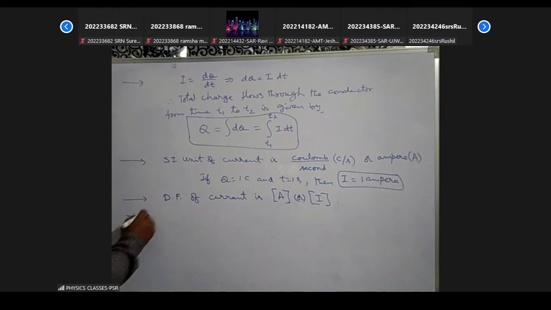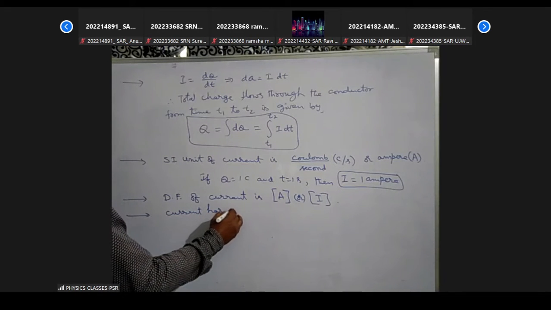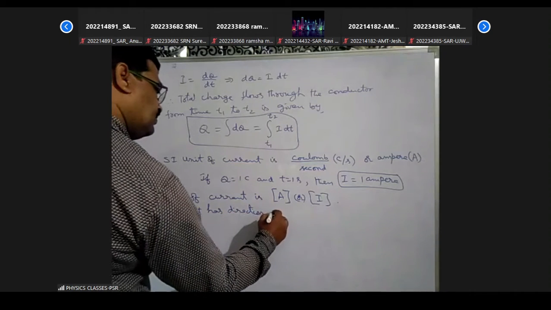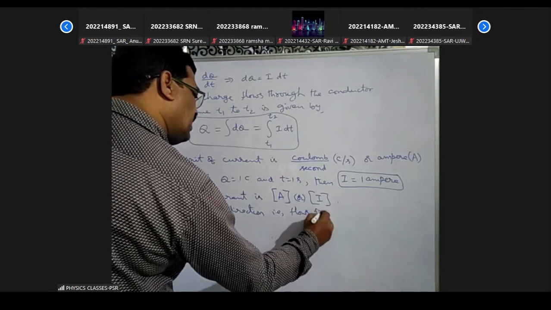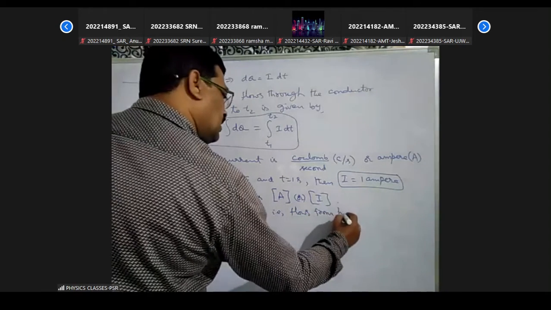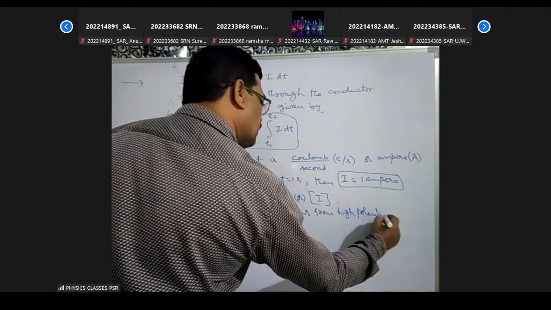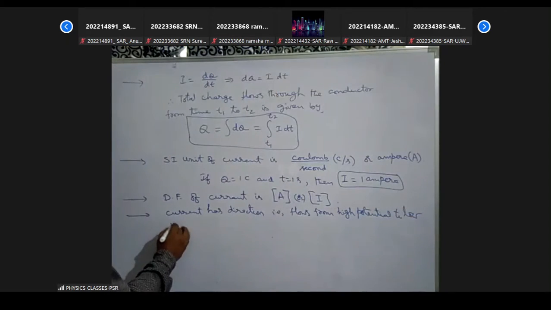Next point. Current has direction, that is, it flows from high potential to low potential.